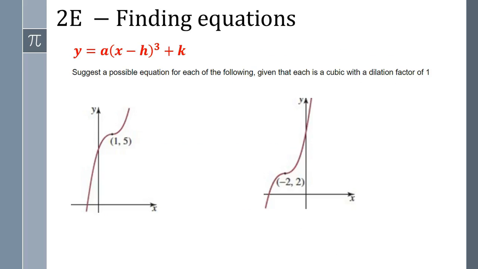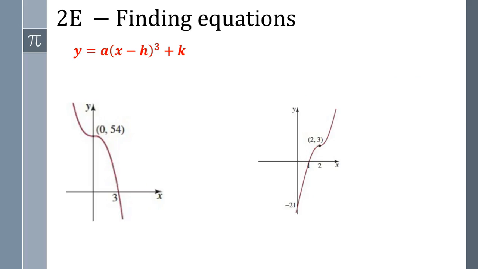So I'm going to go through some examples of finding an equation given a graph with a point of inflection. I've got the first two here, and the question asks me to suggest a possible equation given that each cubic has a dilation factor of 1. If it's got a dilation factor of 1, that means that a is either 1 or negative 1.